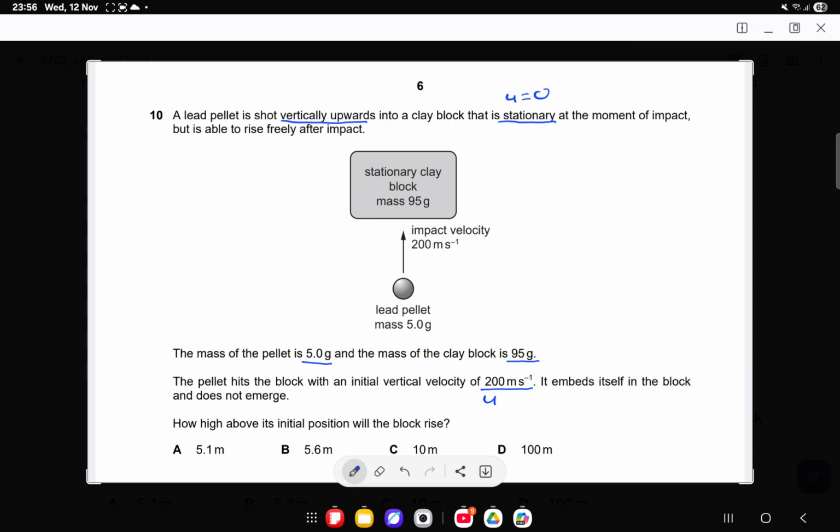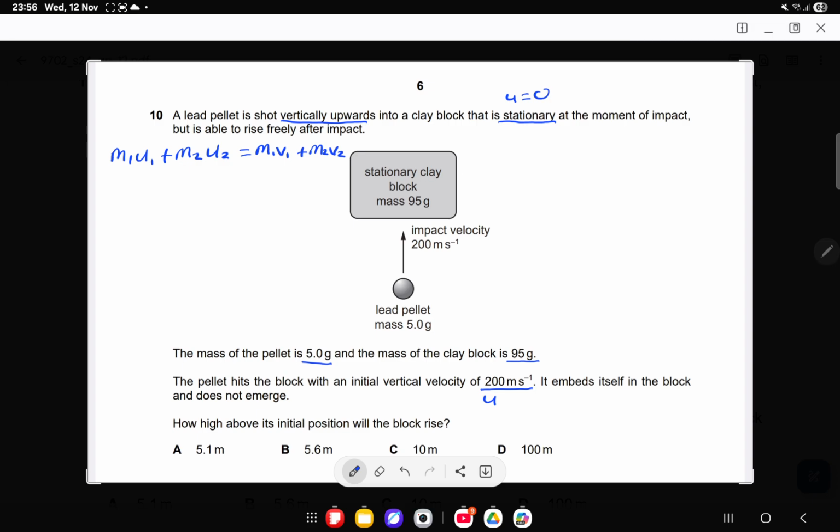So if my u is initial, I will say that m1 u1 plus m2 u2 must be equal to m1 v1 plus m2 v2, where u1 is the initial velocity of the lead pellet and u2 is the initial velocity of the stationary clay block, and v1 is the final velocity of the lead pellet and v2 is the final velocity of the clay dough.